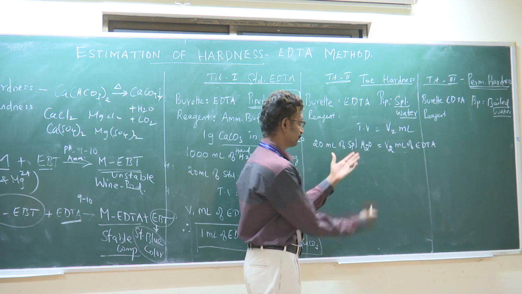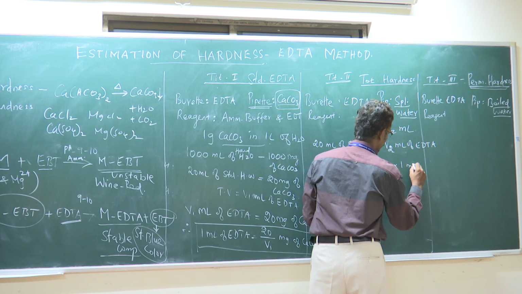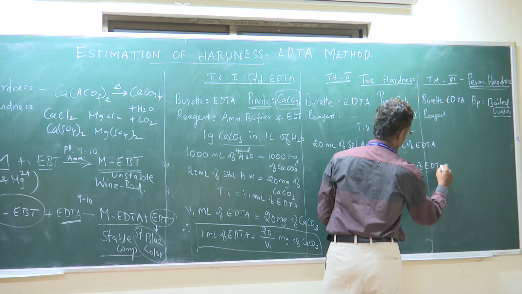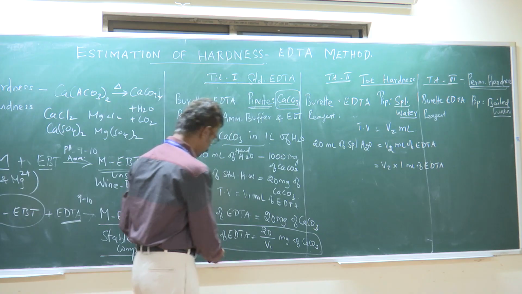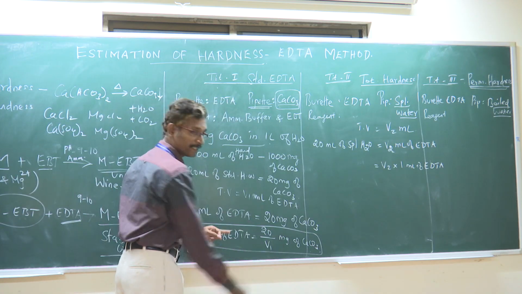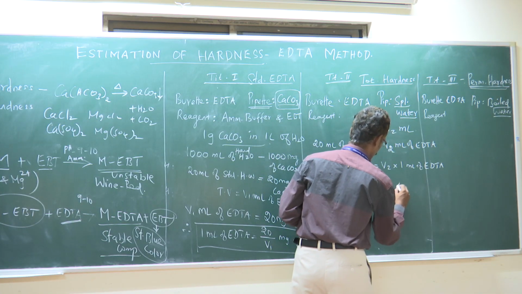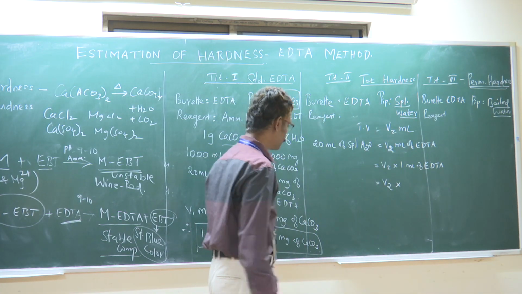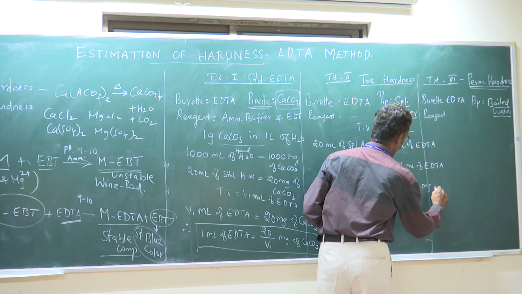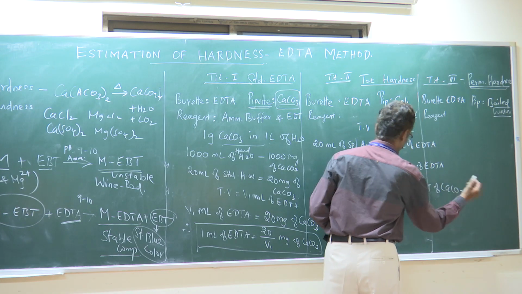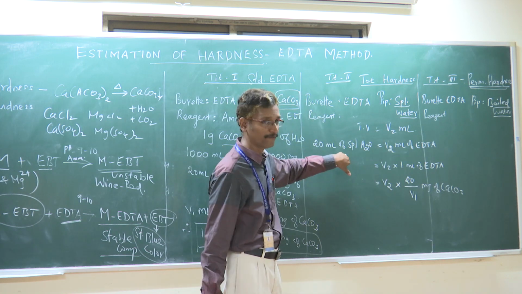So I am writing V2 into 1 ml of EDTA. We already know 1 ml of EDTA is equal to 20 by V1 milligram of calcium carbonate. So applying this value, V2 into 20 by V1 milligram of calcium carbonate. This value corresponds to 20 ml of sample water.